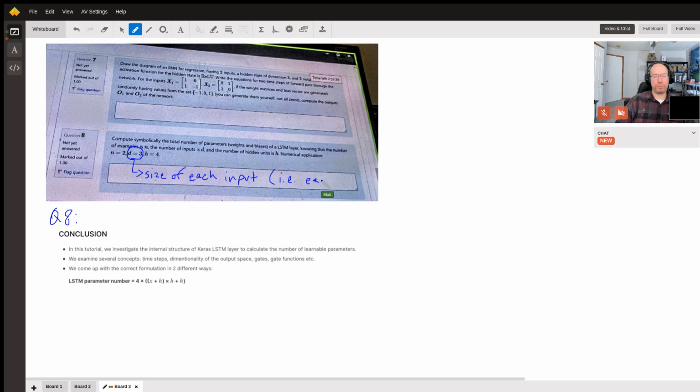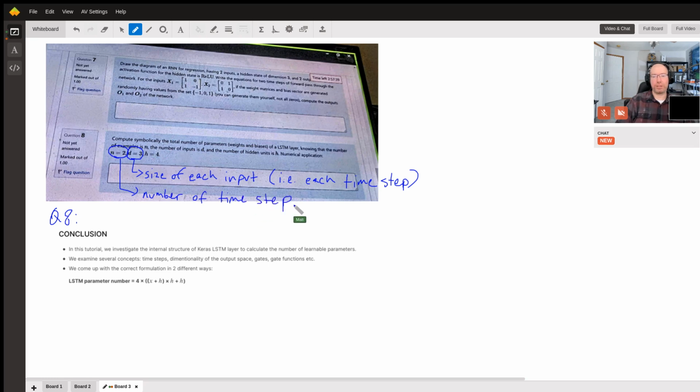each time, because we usually think of LSTMs as operating across time, so like each time step or something like that. I think they say number of examples. I think they're saying number of time steps.